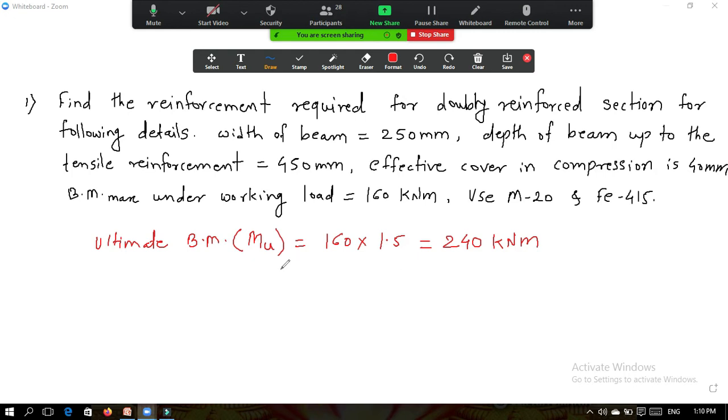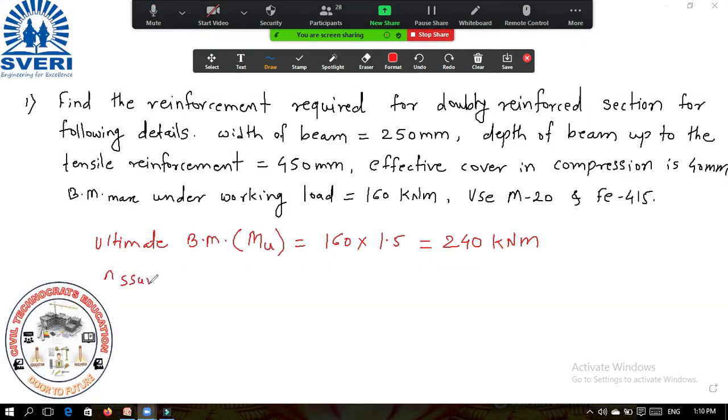Now after this, we are going to calculate the value of Xu max first. Here we are assuming a balanced section. In a balanced section, Cu1 is equal to Tu1 and Cu2 must be equal to Tu2, and therefore Xu max must be equal to Xu.